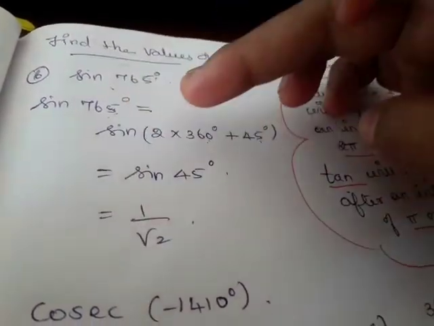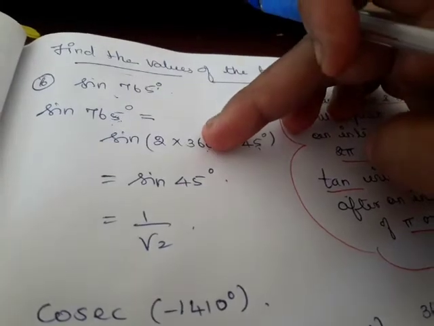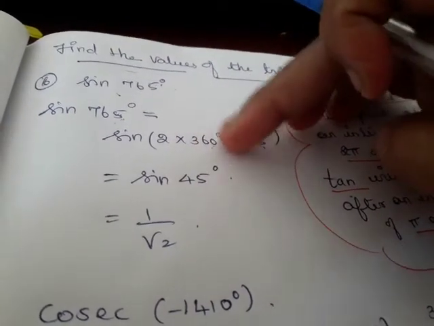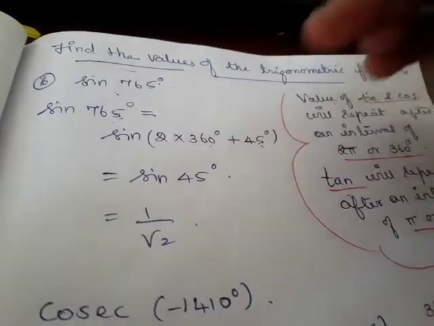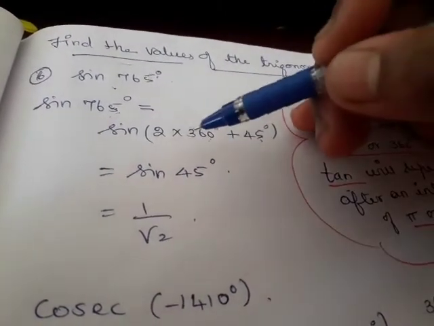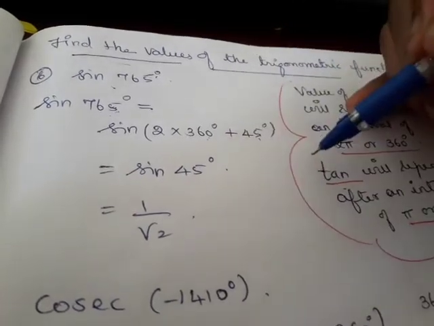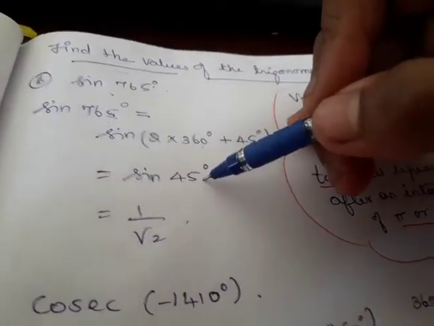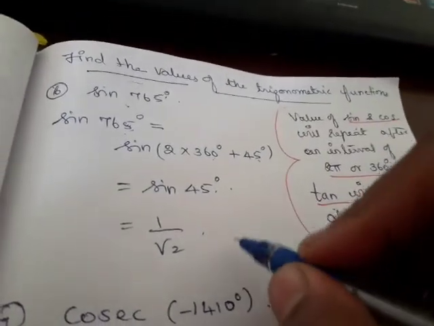Now sine of 2 times 2 pi plus 45. By the result, we have sine of 2n pi plus x is nothing but sin x. Hope you remember that result.